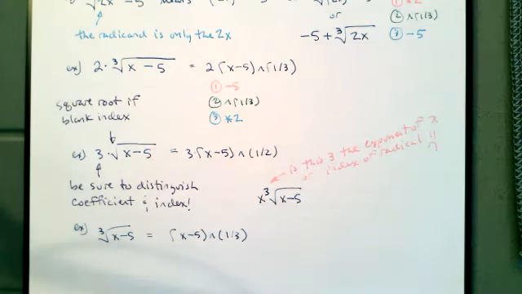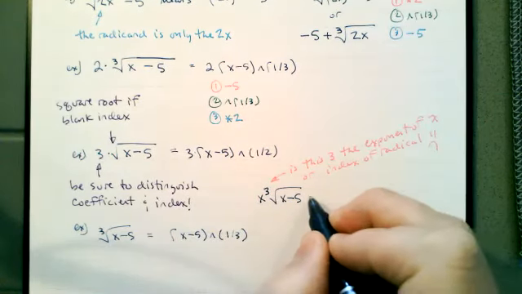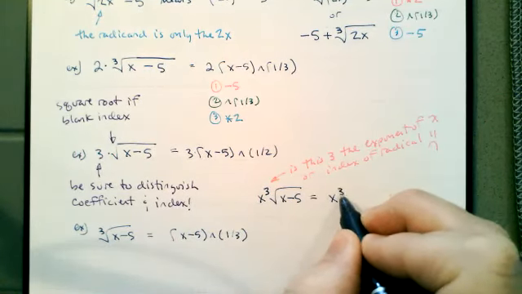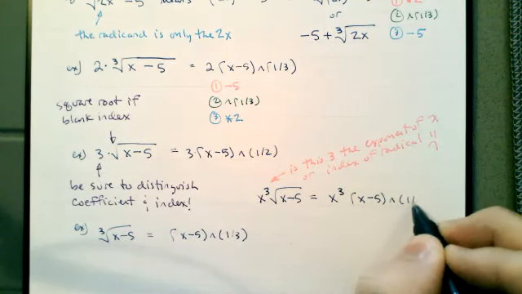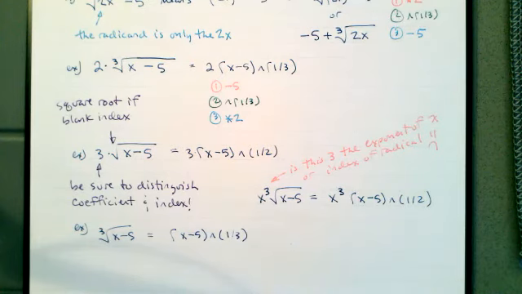But if I say, oh, what I meant by this is, now it's clear that the 3 is the exponent of the x and not the index of the radical.